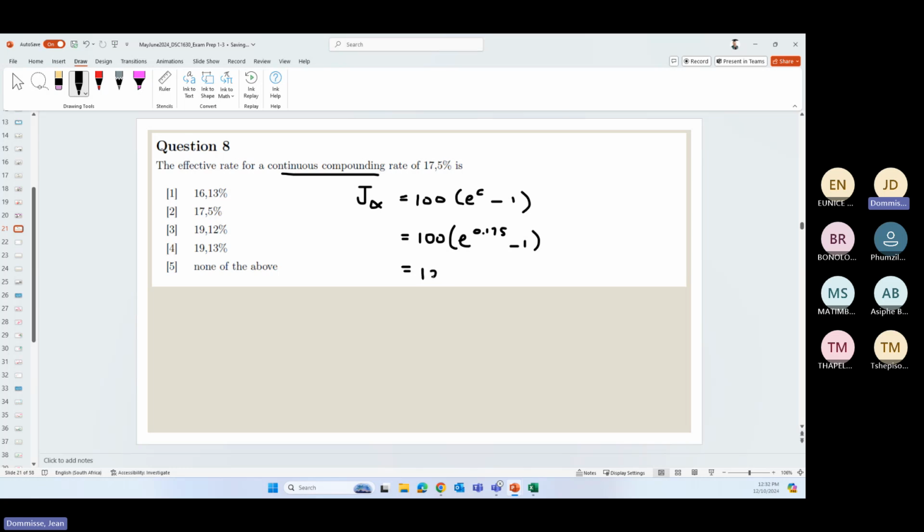So I get it as 1.1912. So if I say 1.1912 minus 1 times 100, I get 19.1246.